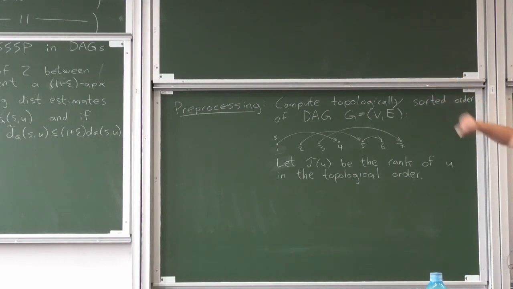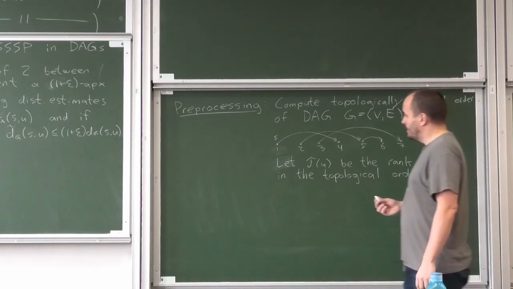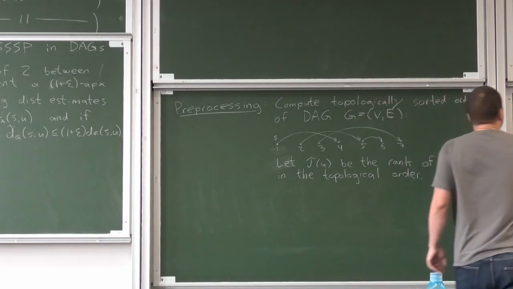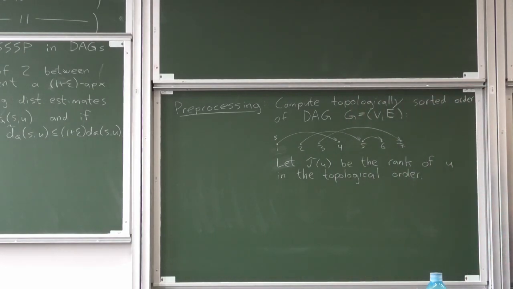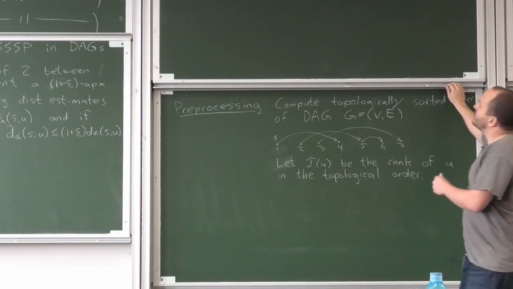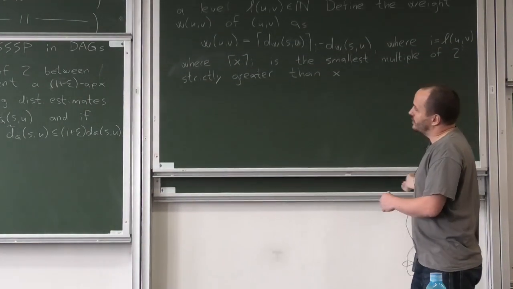Well, no, we also need to define the levels. So let me just define, for an edge (U, V), I should have defined this earlier. Let me write it up here because this is not part of the pre-processing.